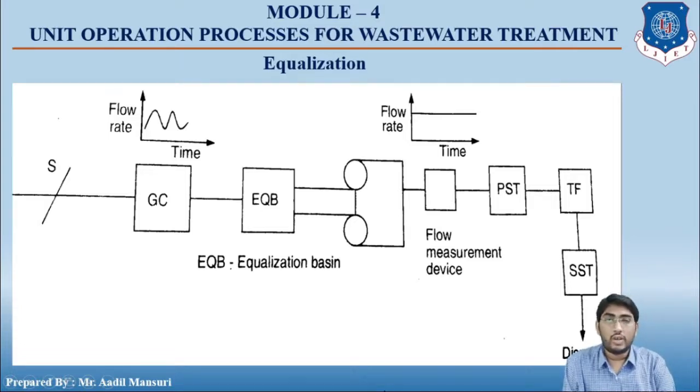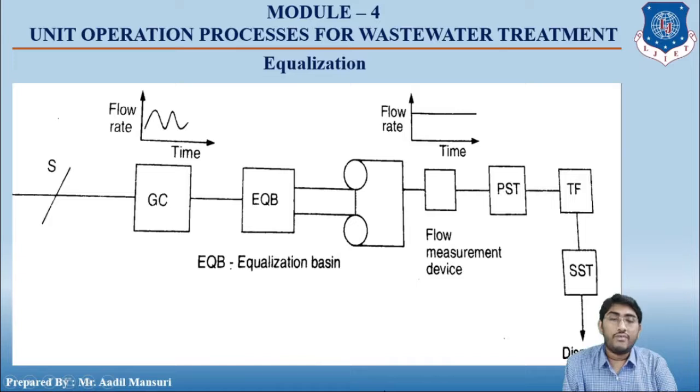In the early morning till 12 o'clock the wastewater generation is high, and so the flow will increase. Then up to a certain period the flow will reduce, and it will again increase in the evening. So the flow of wastewater coming into the treatment plant is usually fluctuating.